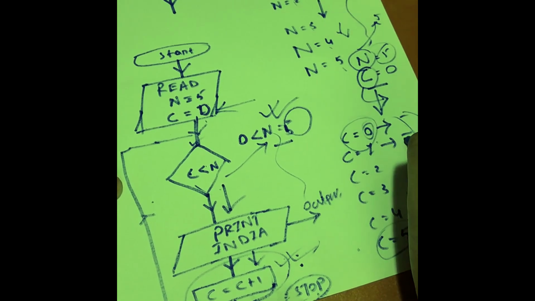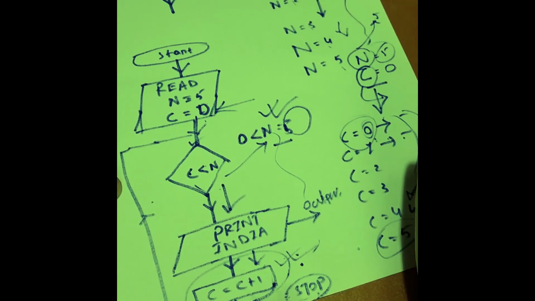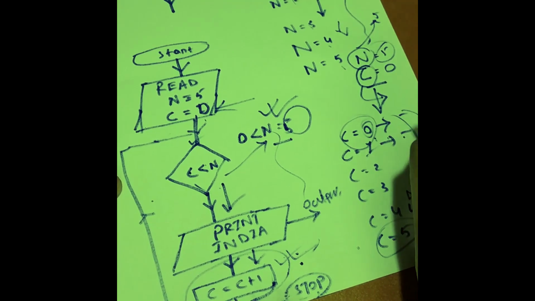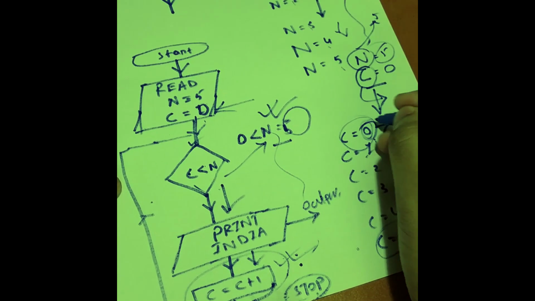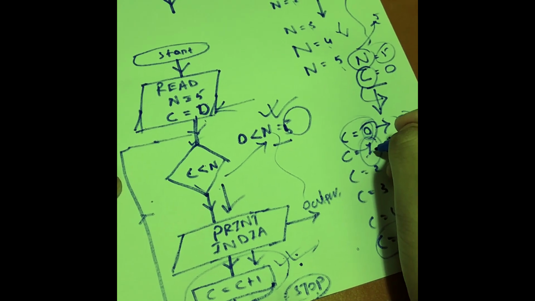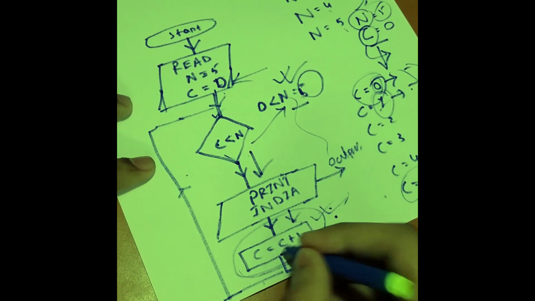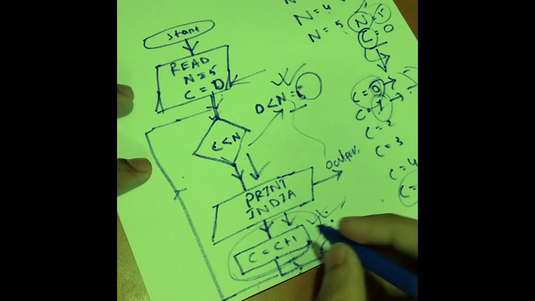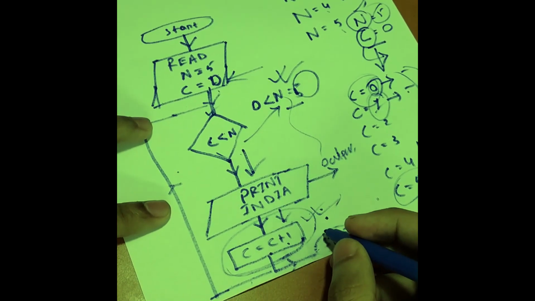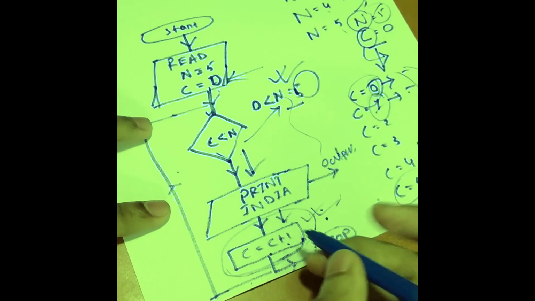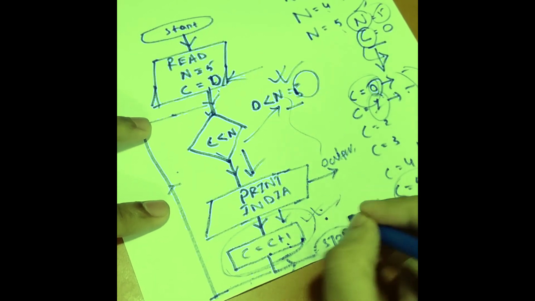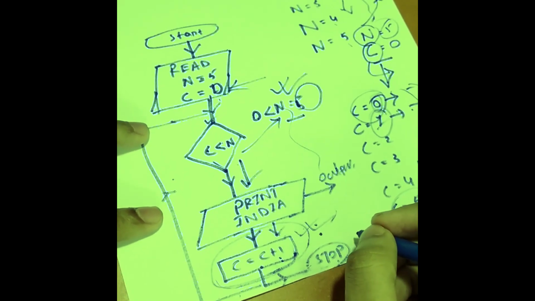Then India will print again when C equals 1. So I have to increment this C value by 1, right? That's what it is doing. 0 plus 1, and the value is 1, and 1 will be stored inside C.